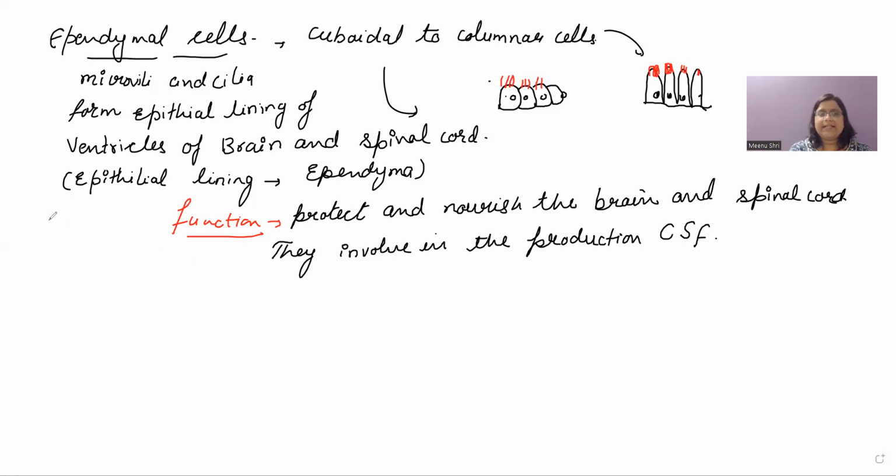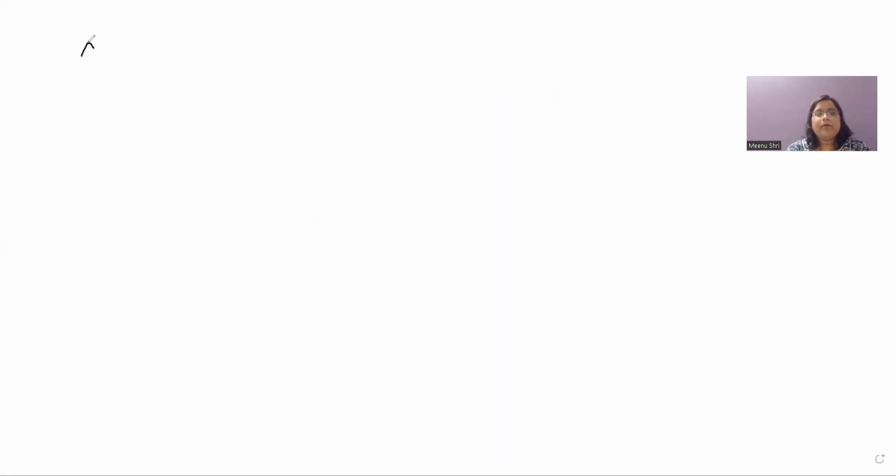Now come to the fourth cell, the microglia cell. So I'm adding the new slide. Just take the screenshot. Now next is the microglial cells. The microglia is the smallest glial cell. They have spine-like projections.